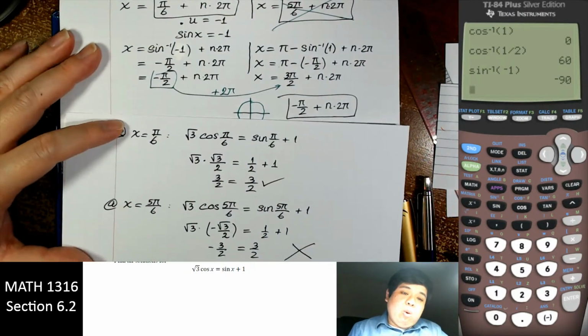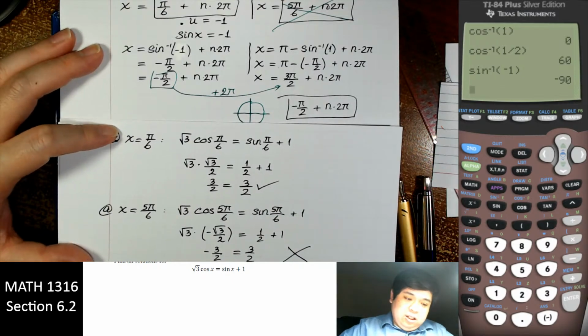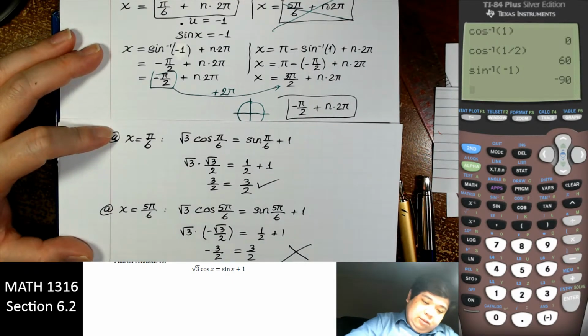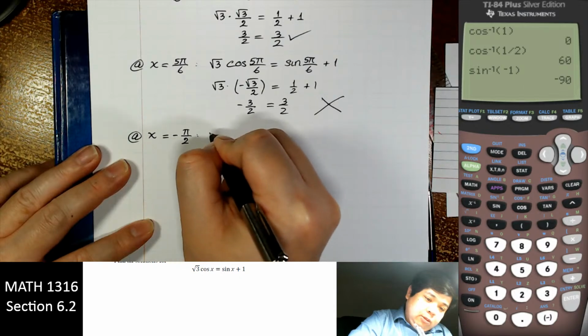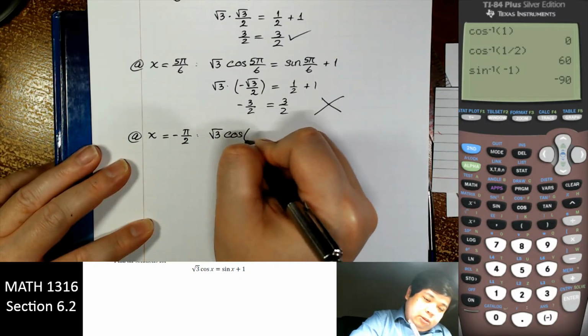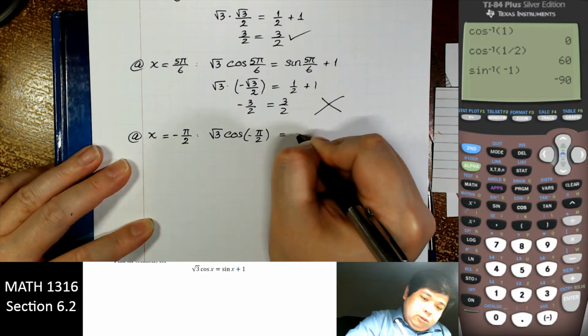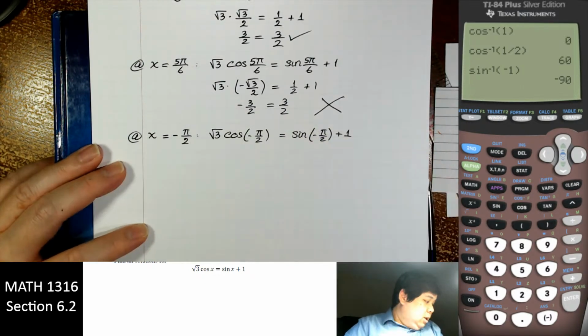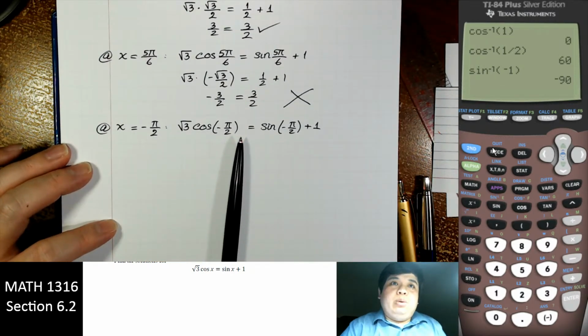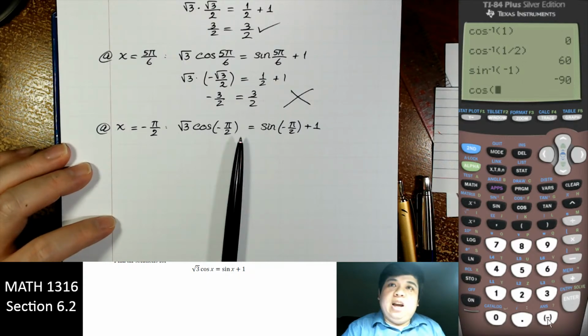And finally, we check for negative pi over 2. Cosine of negative pi over 2 is like cosine of negative 90 degrees, which is 0.